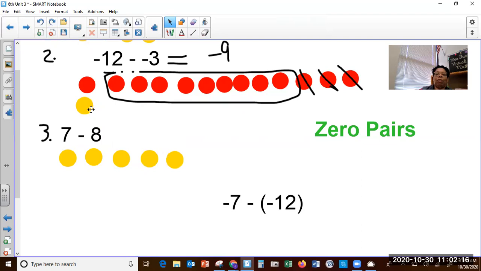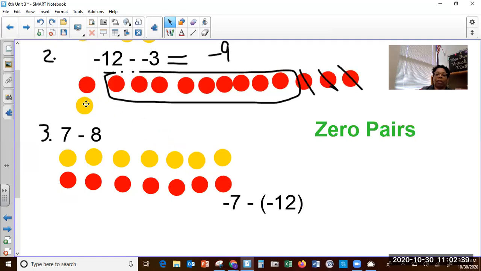And to make my zero pairs, remember I have to have the opposite colors. 1, 2, 3, 4, 5, 6, 7. So for the second set, I'm going to put opposite colors. So I'm going to do 8 opposite colors, because my first number is smaller than my second number.